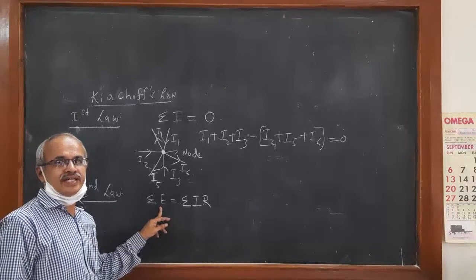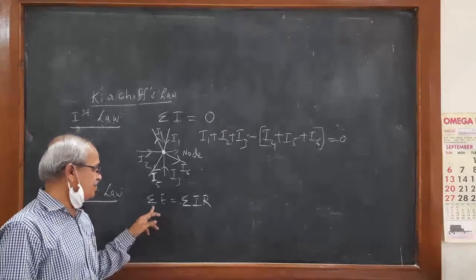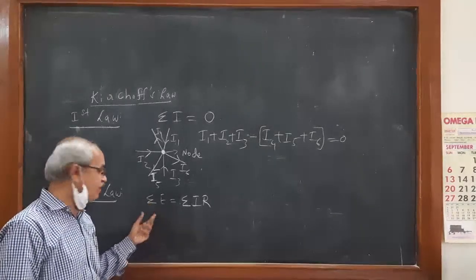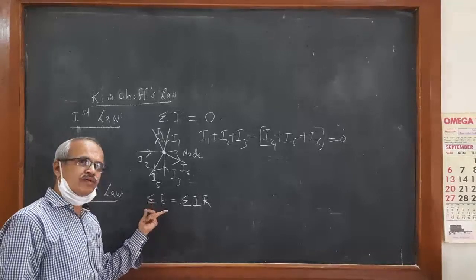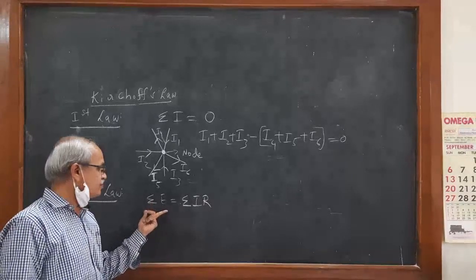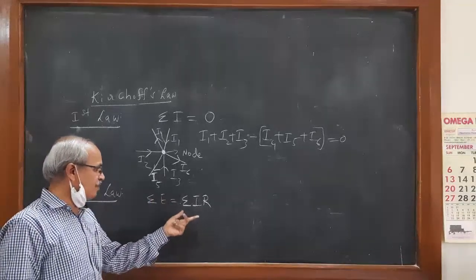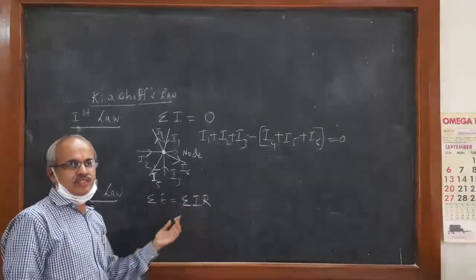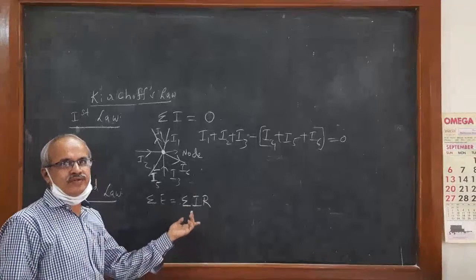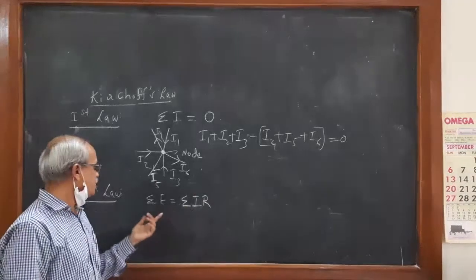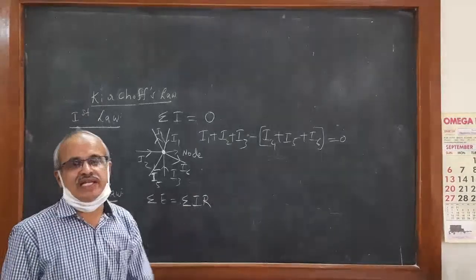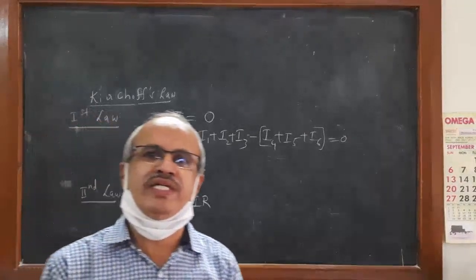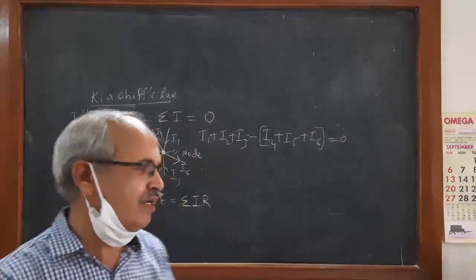In that electrical network, the sum of all sources of EMF is equal to the sum of products of current and resistance. That is Kirchhoff's second law. You have to study Kirchhoff's first law and second law properly.